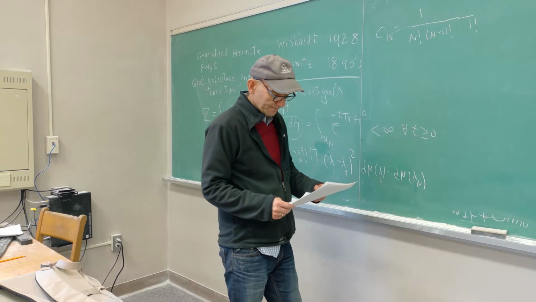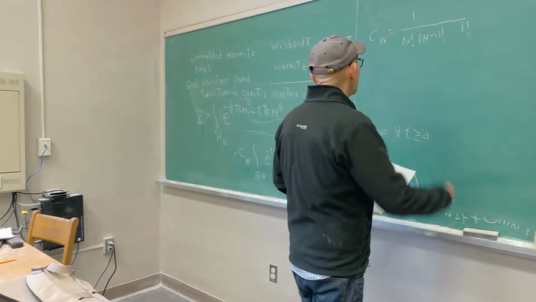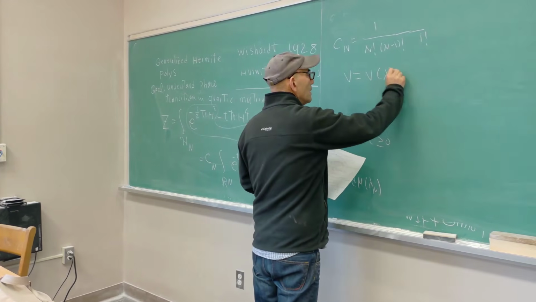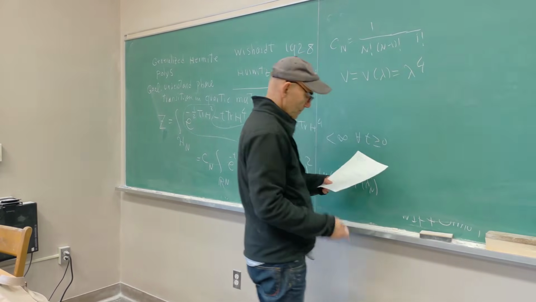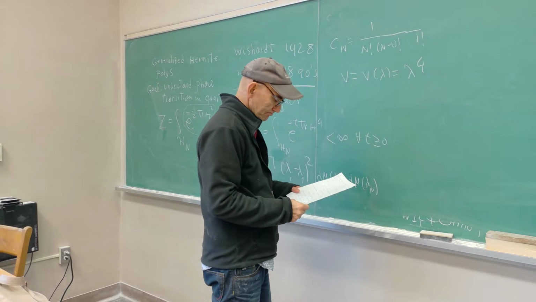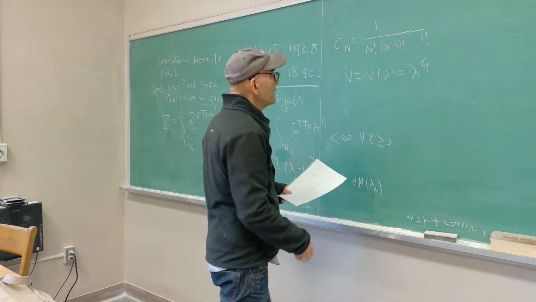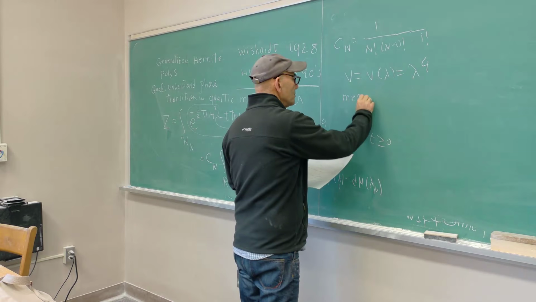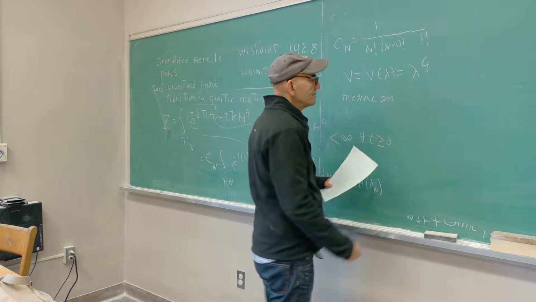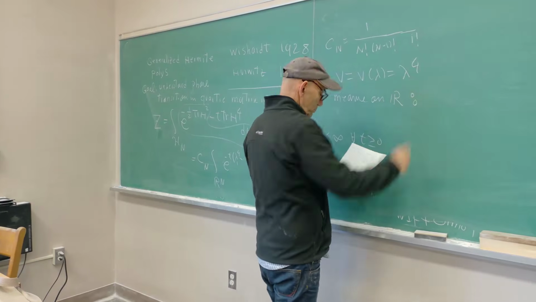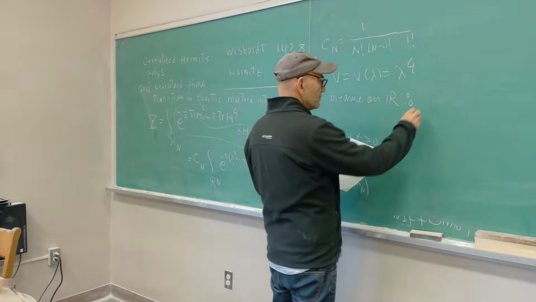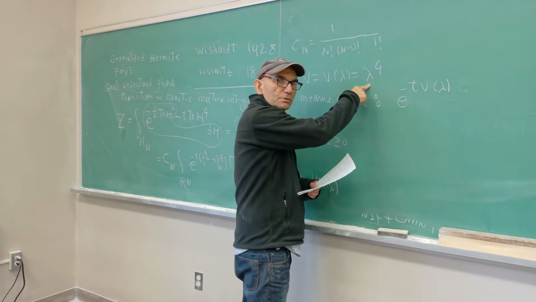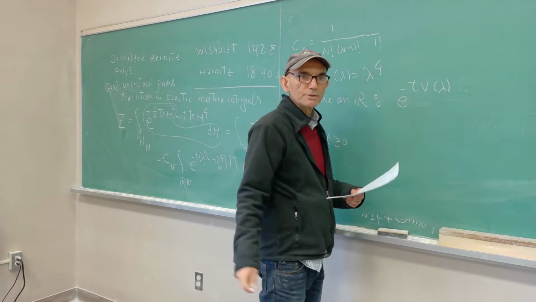So that's fine. So let's take this potential V of lambda, which is lambda to the 4. This is the potential. And we define an inner product. So we define a measure this time, it's basically exponential of minus t V of lambda, this potential, times the Gaussian measure.